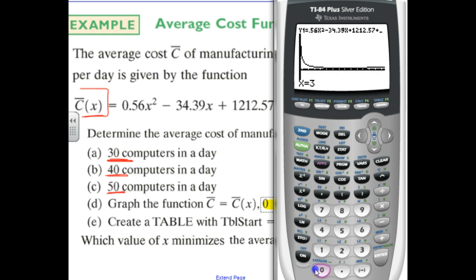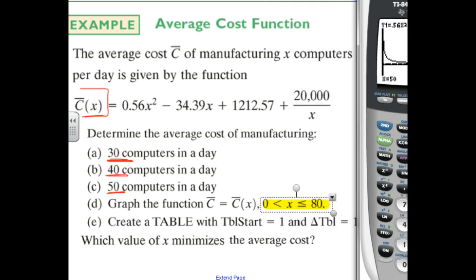So hit trace 30, enter, and I can see the first answer is 1,351 computers. I'll try 40. The second answer is 1,232. I'll try 50. And 1,293 computers.